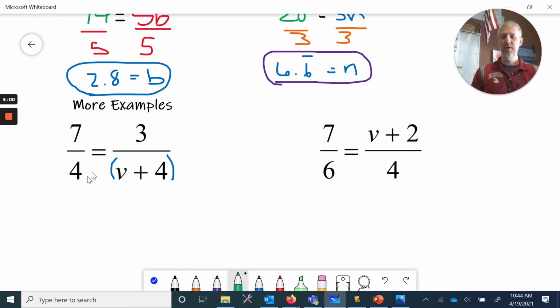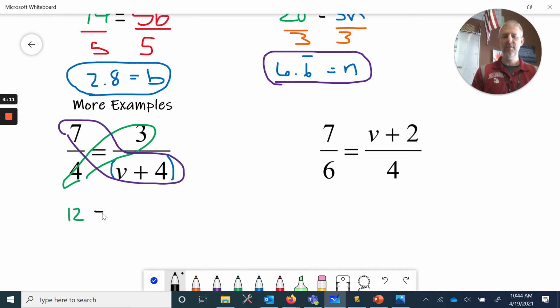So again, since it's a proportion, we'll use cross products. So we'll multiply those two things. So 4 times 3 is 12. And that's going to equal 7. A lot of people would put this as 4v. We have to be careful that we can't combine those. So it's going to be just 7 times the quantity v plus 4.